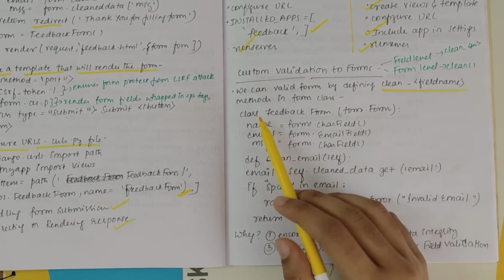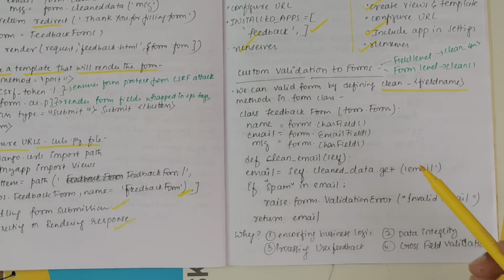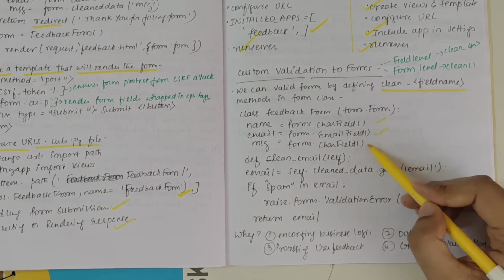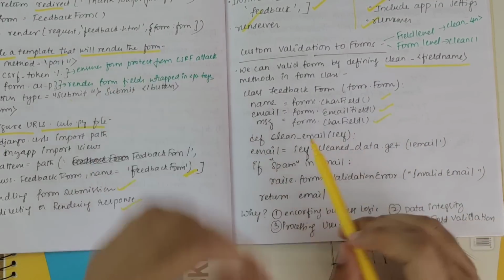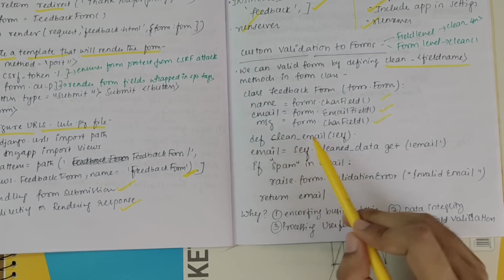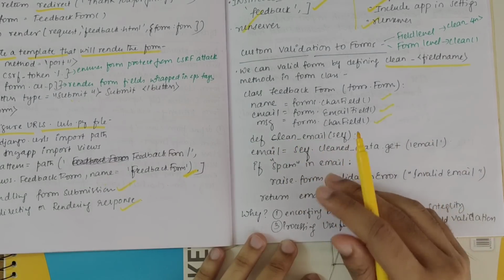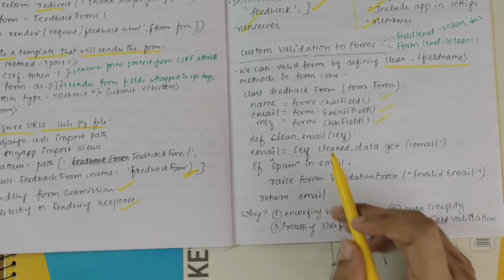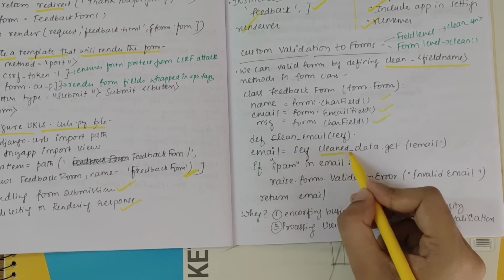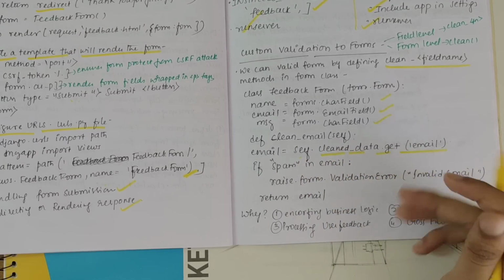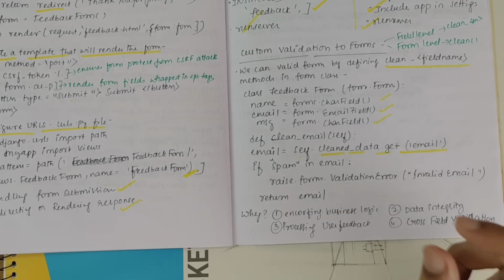That is, class FeedbackForm(forms.Form). I'm specifying the name, email, and message. After that, we'll look into the custom validation part. Define clean_email. Here I am naming it clean_email only. email = self.cleaned_data.get('email'). So I am checking if the email is clean or not.